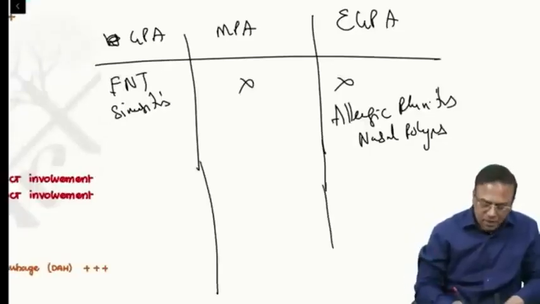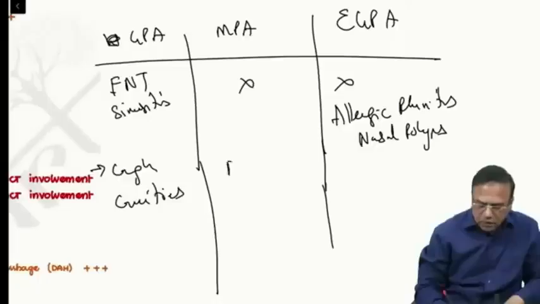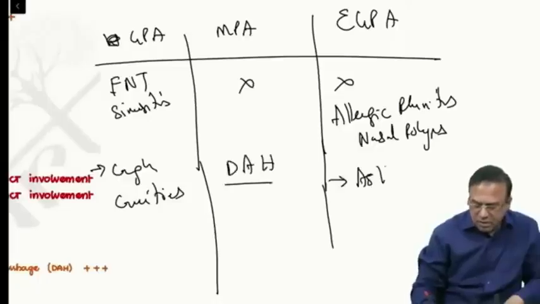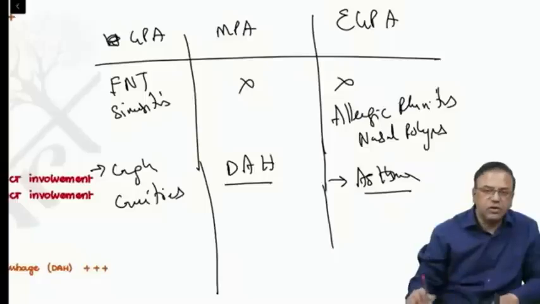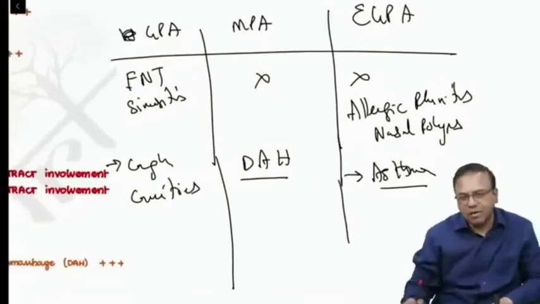If you see the pulmonary manifestation, you will see this patient will have cough and the X-ray will show cavities. If you see diffuse alveolar hemorrhage and hemoptysis, or if you see asthma, this will help you differentiate. So you get asthma here, you see diffuse alveolar hemorrhage and you see cough and cavities.